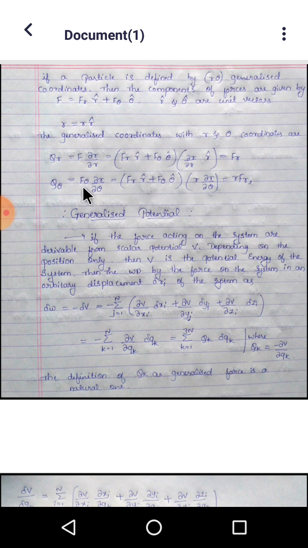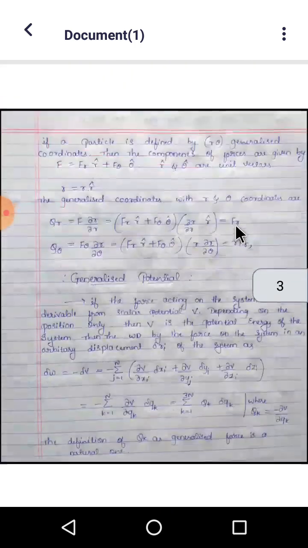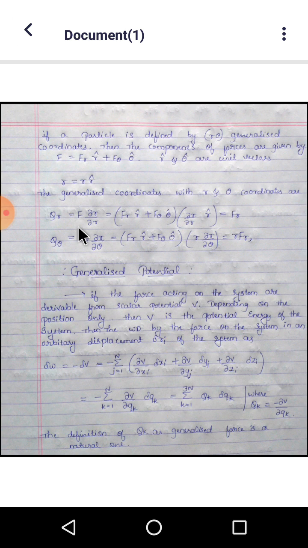Same in the theta term: dou r by dou theta, that is r into theta cap, giving r into F theta. This is about the generalized force. Right up to this much, this is generalized force.